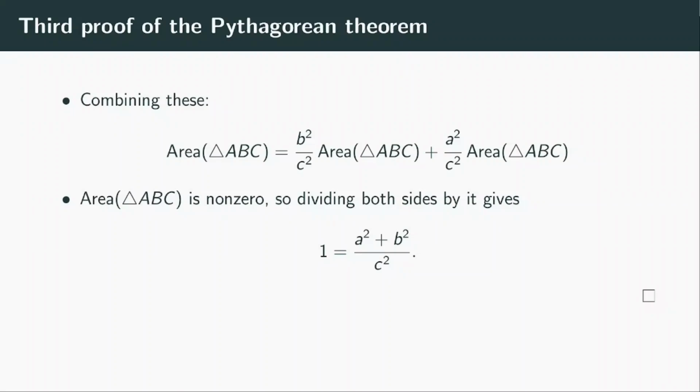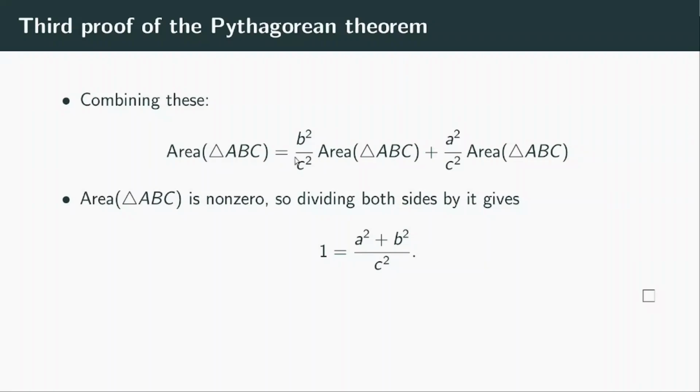And now we combine these facts. I'm going to say that the area of the triangle ABC is equal to the sum of the two smaller areas, and then I use the identity that we just proved. So this is the area of our first little triangle, and that's the area of our second little triangle.